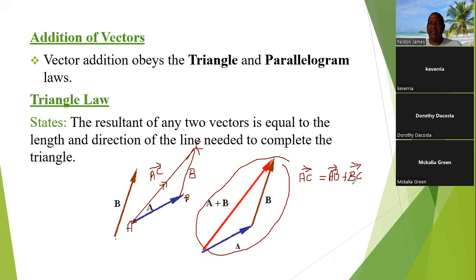And that's how we write when we are adding vectors. So this is how we add vectors, right?